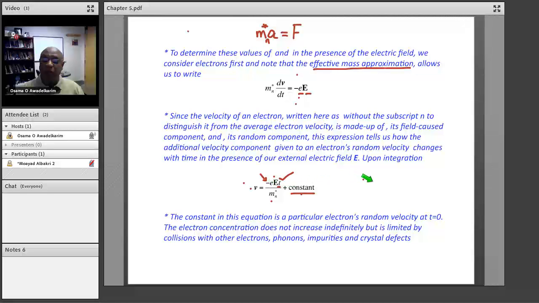So what happens is you will have electrons moving opposite to the electric field. If you have an electric field in this direction, the electrons would be moving this way, and their velocity would increase with time. But what happens is this electron collides with this electron, a collision, because as they're moving, it's like people coming out from a football stadium.